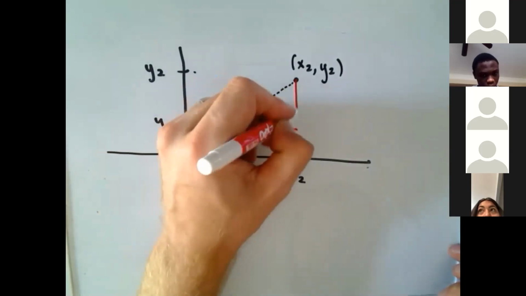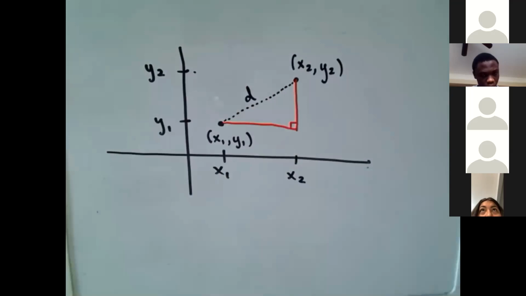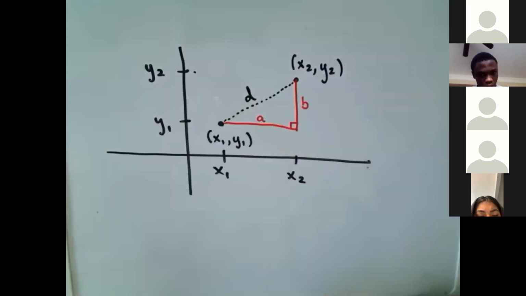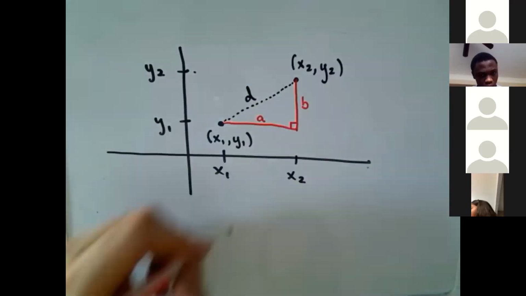Okay, so if we make a little right triangle, so forgive my artistry, now we can think about using the Pythagorean theorem. So if I call this side A and this B, normally we use C, but let's use D for distance.